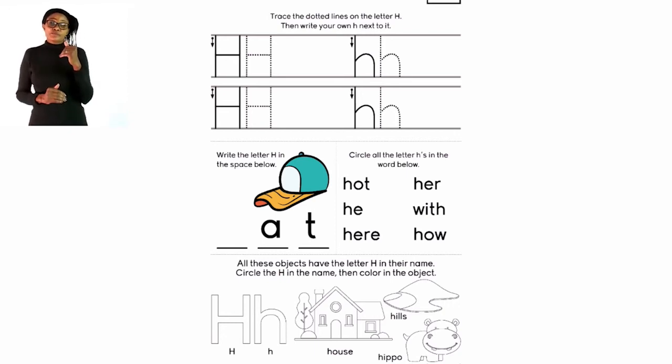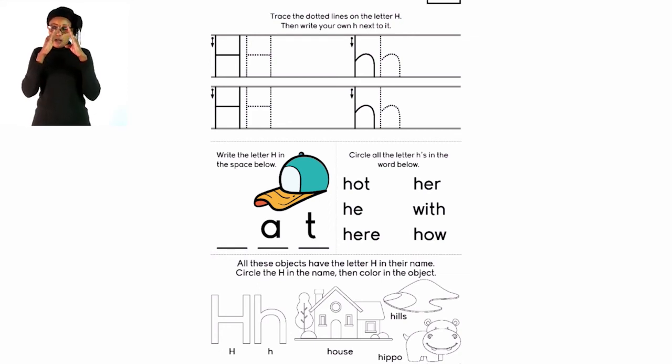All these objects have the letter H in their name. Circle the H in the name. Then color in the object. The object is the picture that you must color in. So you will see there's the capital H and there's the small letter H. You must color them in. Next to the letter H, there's a picture of a house.